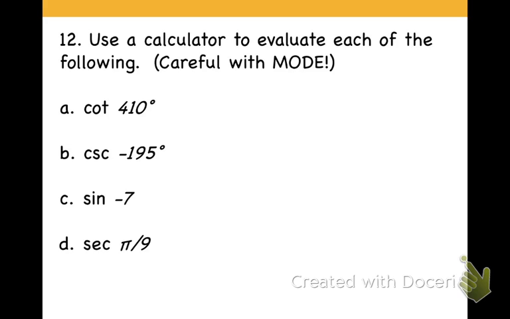We're just going to use our calculator. We're going to evaluate these. Make sure you're careful on your mode. A and B are both degrees. And the way I know this for sure is because it's got the little degree symbol. In C and D, it is radians. I know D tends to be a little more obvious that it's radians because it has the pi.